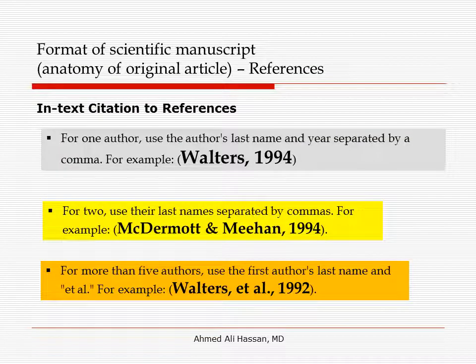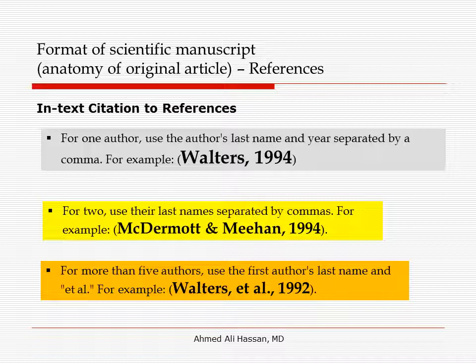So now, how to write the references either as in-text citation or at the end as a list of references. In-text citations to references, how to write a reference within the text of articles, within the introductions and the discussions.